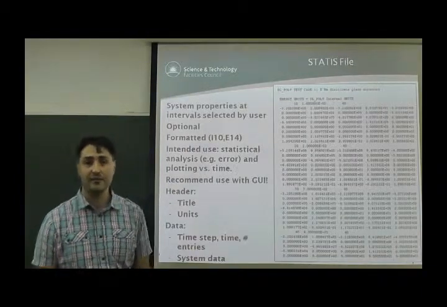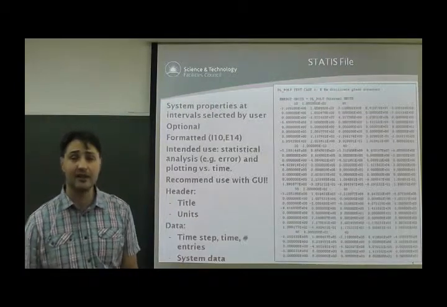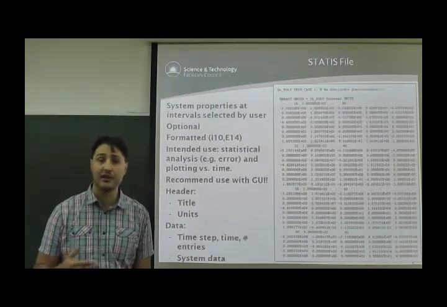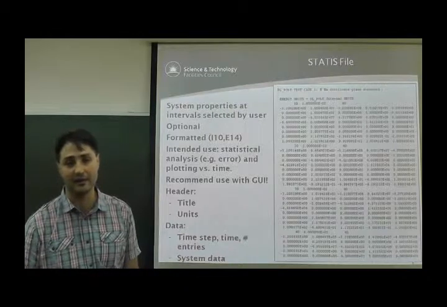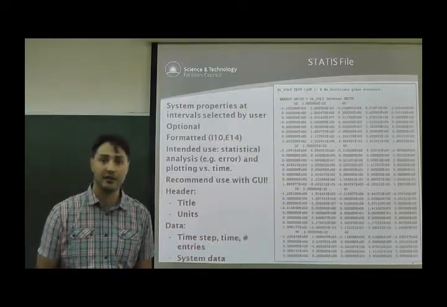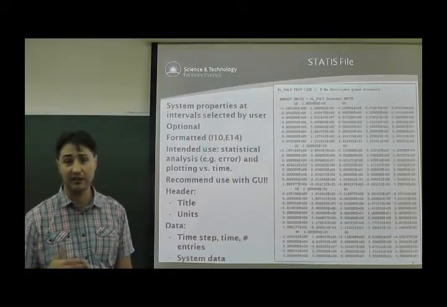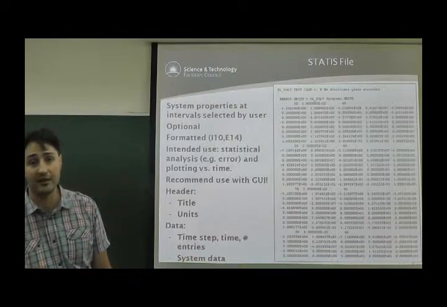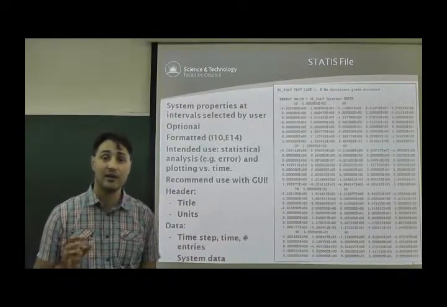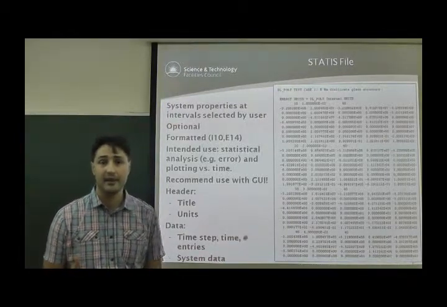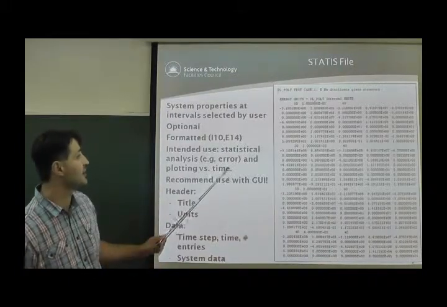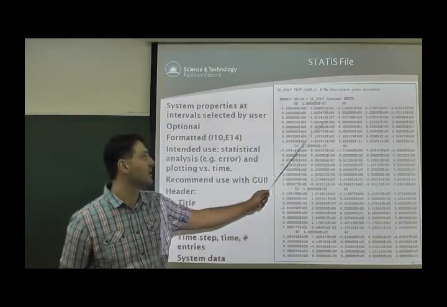The status file is the one that contains the statistical information of all the instantaneous quantities calculated by the package at regular intervals of time. These intervals can be augmented by the user from their default value, which is 10, and it comes in a human-readable form.